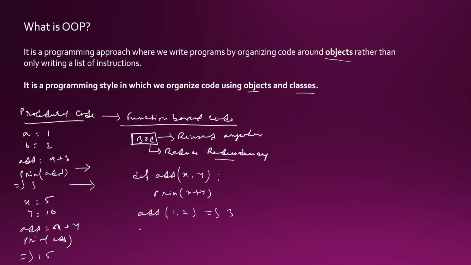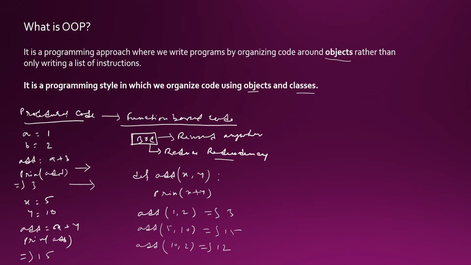Again, if we need to perform another addition, we just call our function and put our own values like 5, 10, and it gives me the output as 15. If we want to perform another addition, then 10, 2, it gives me the output as 12, like this, right? So basically, to simplify our procedural code, we have used function based code. When our code gets bigger, to simplify it and to reduce the redundancy, we have used function based code, right? Till now, we have learned all of these things, right?